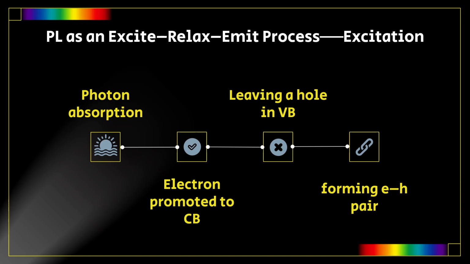After photon absorption, electrons are promoted to the conduction band and leave holes in the valence band to create electron-hole pairs. This electron-hole pair provides the energy for PL emission, as all subsequent radiative processes originate from their recombination.